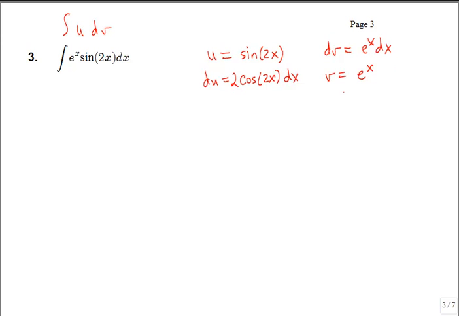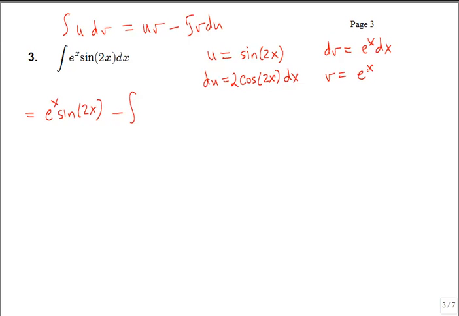So now I've made my choices, so let's use our formula. This is going to be u times v minus the integral of v du. So u is sine of 2x and v is e to the x. I'm going to put the e to the x in front. Minus the integral of v du.